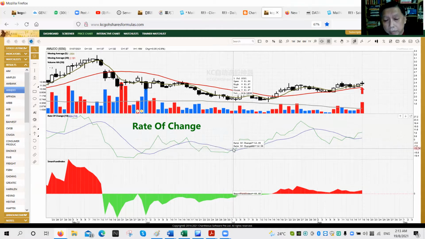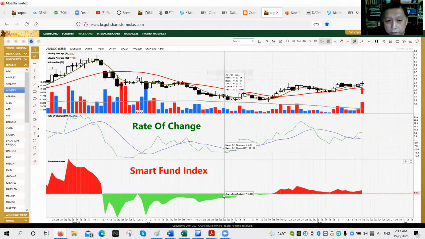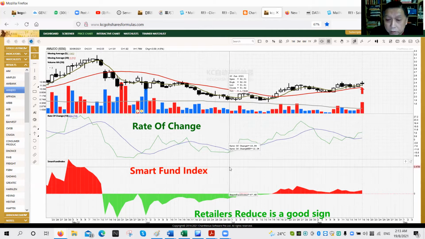So that is a sign that we can enter into this stock. Also, you look at the graph for the smart fund index. The retailer started to reduce, so that is also a good sign for investors to enter the stock.